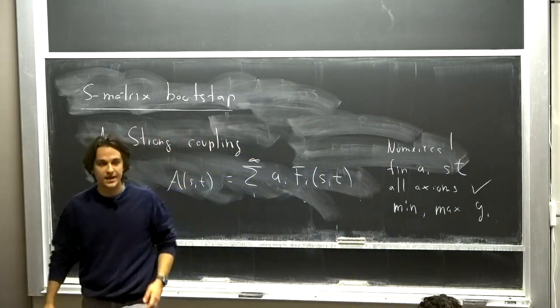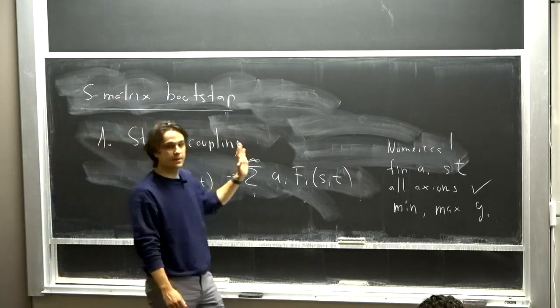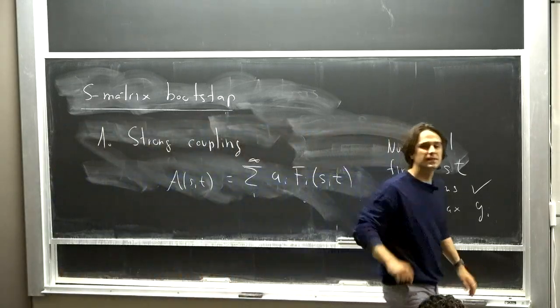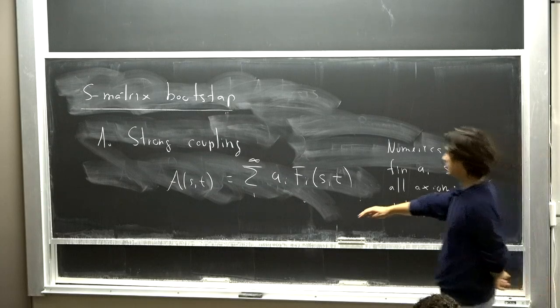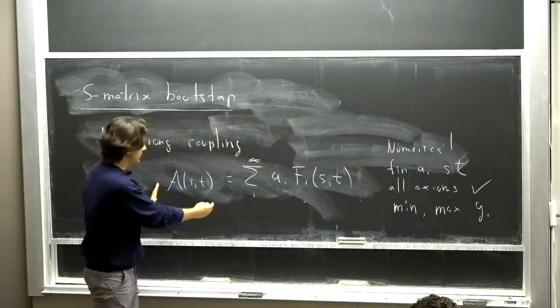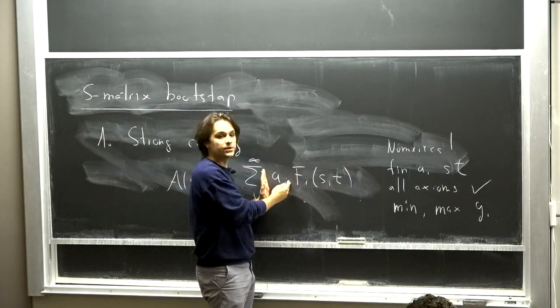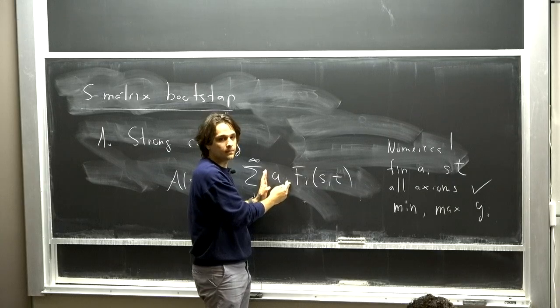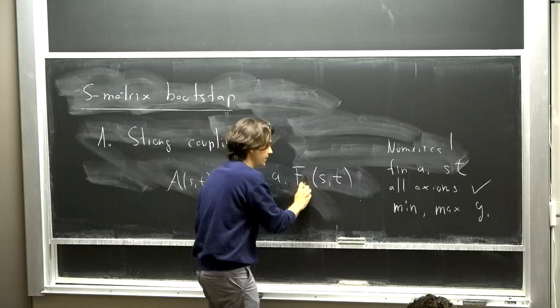Okay. Now, I cannot do this on the blackboard, so I'm not going to discuss this today, but this is something that has been very successful in the last few years. Yes? What is the sum? What is the what? What is the sum? This sum? Yeah, you can think of this as writing the amplitude in a basis of functions, with unknown coefficients. I is a label for each function in the space, right?